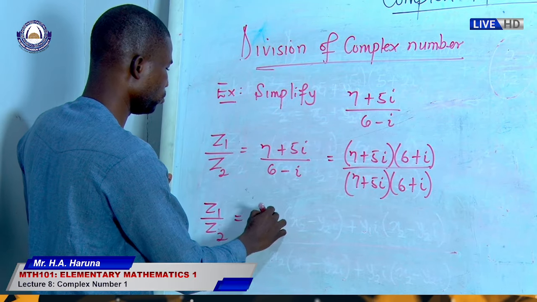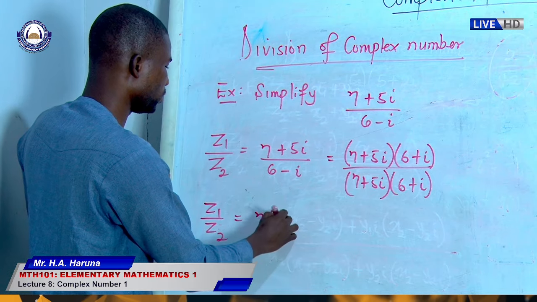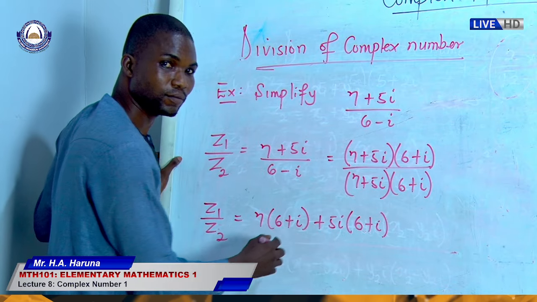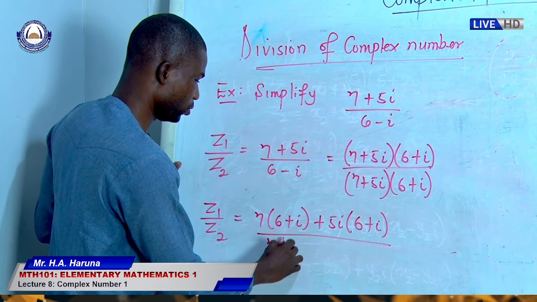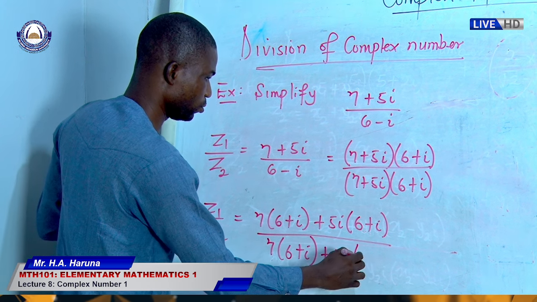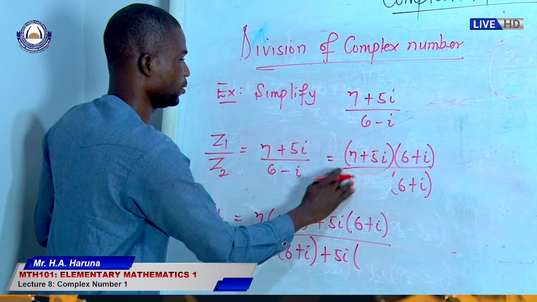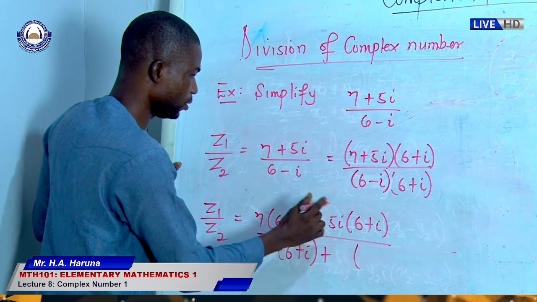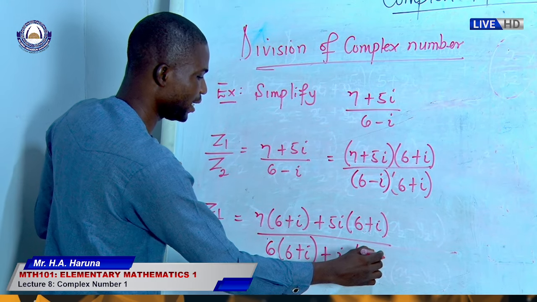Let's distribute it like we have been doing. 7 into 6 plus i, plus 5i into 6 plus i, divided by 6 into 6 plus i, minus i into 6 plus i.